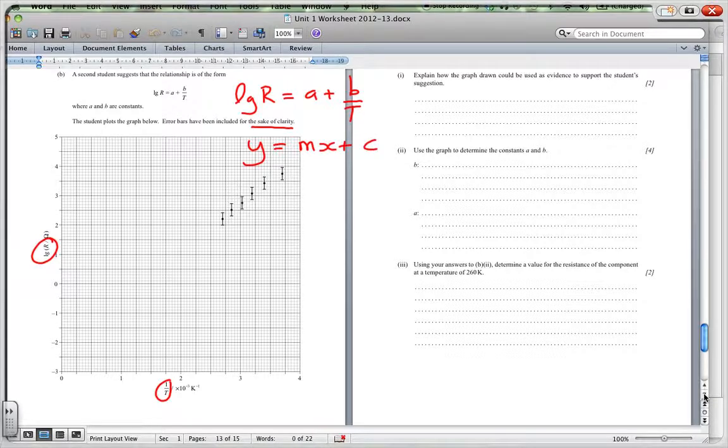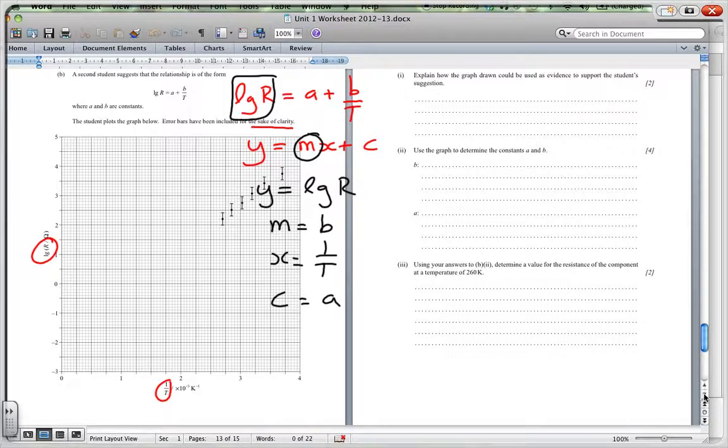The y corresponds to my log of R. The m is B. The x is 1 over T, and my c corresponds to A. So by plotting it the way that the student has, log R against 1 over T, it should be in the form of a straight line if the data does support this theory.